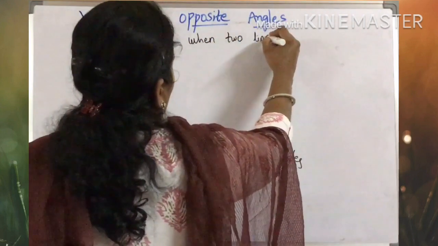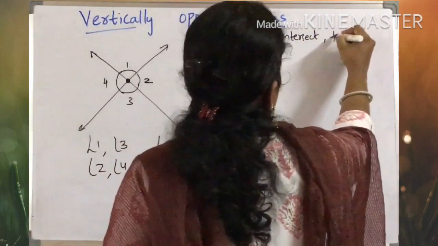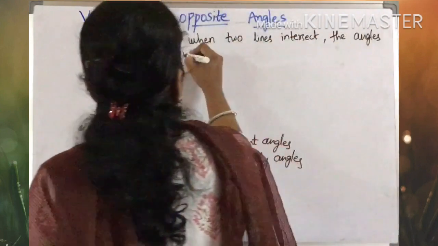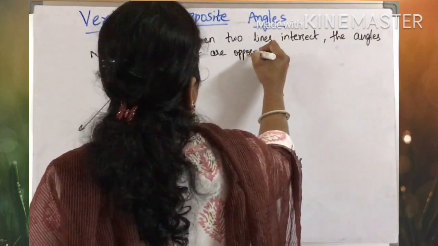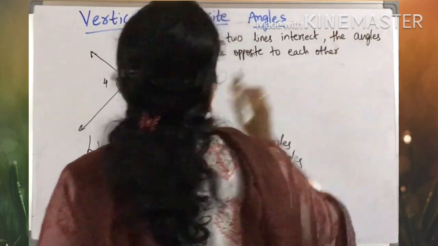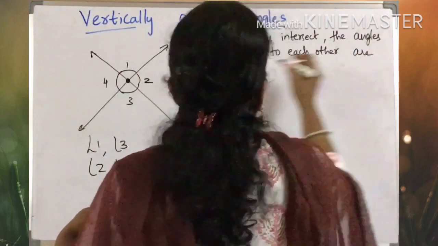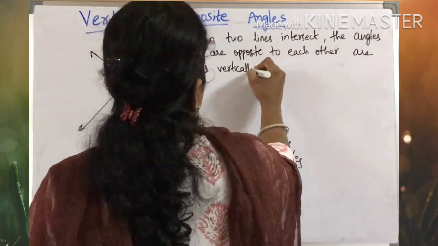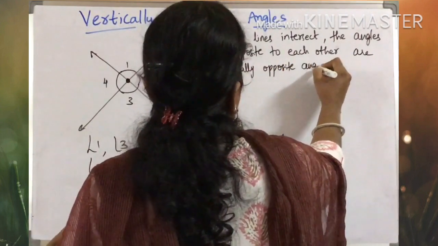Coming to the definition: when two lines intersect, the angles that are opposite to each other are called vertically opposite angles.